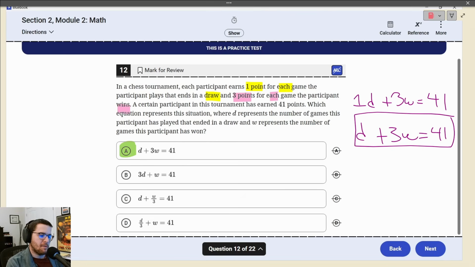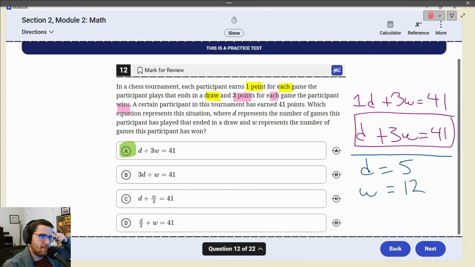So if you're having trouble seeing if it were multiplication or division, one thing you could do is arithmetize. You could try to read the paragraph and come up with some numbers for D and W that give you a total of 41 points. So what I did was I did a draws of 5 and then a W of 12.